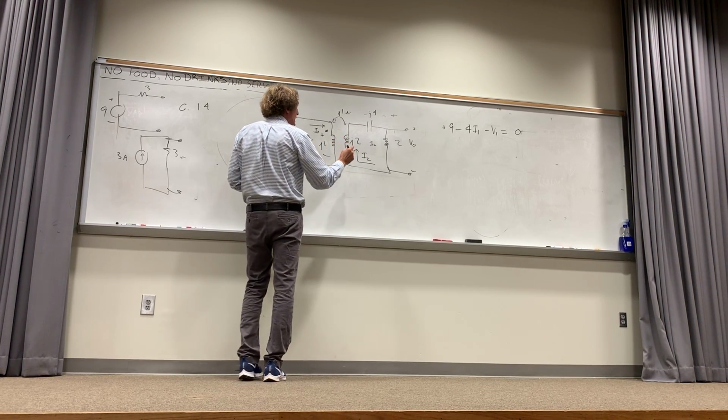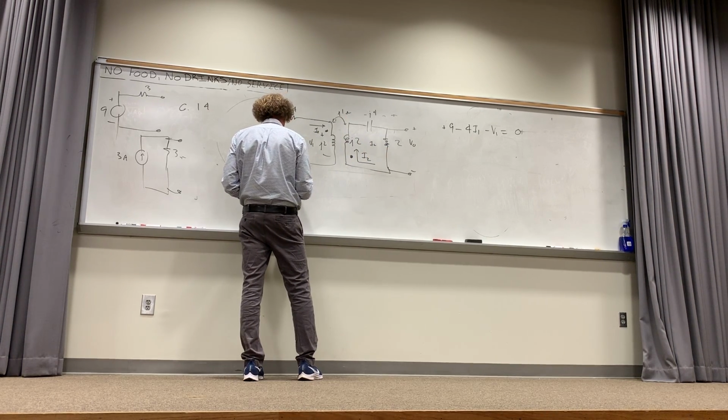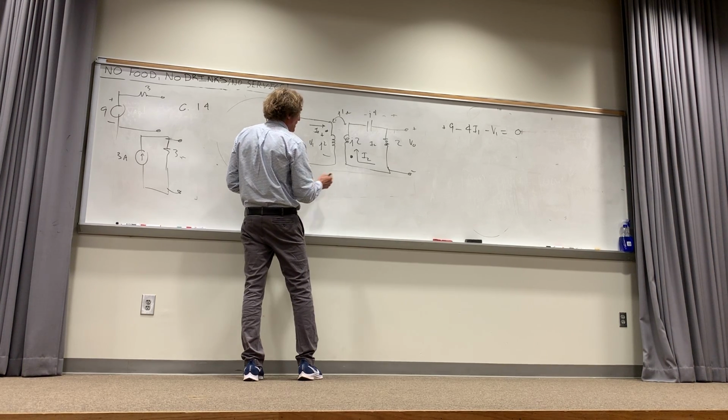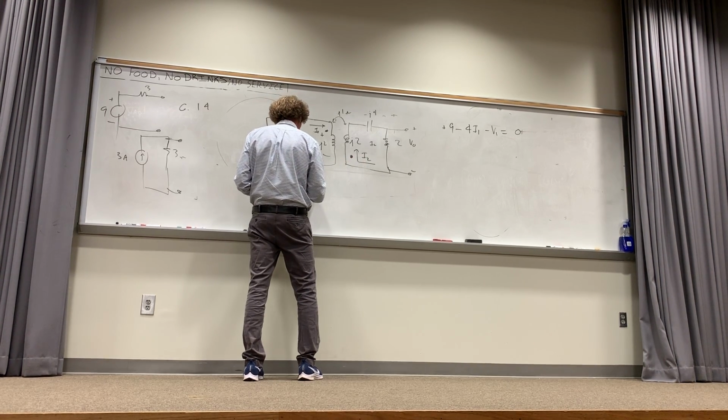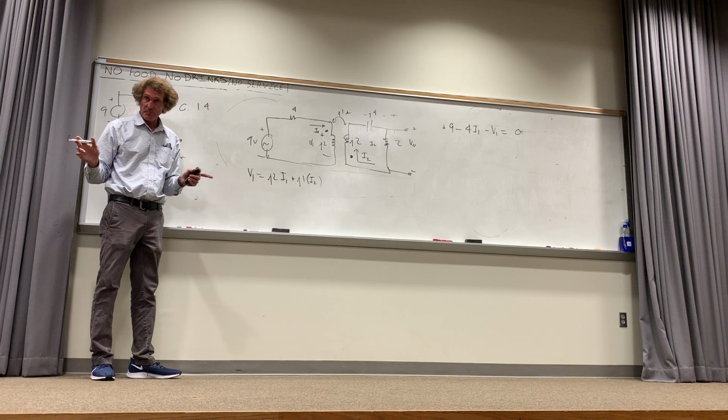And then it's going to be, now take a look. Now you got the mutual here is J1, so it's plus J1, right? And it's times I2. Are you all follow me on this?